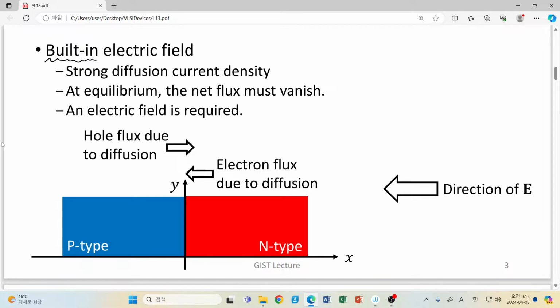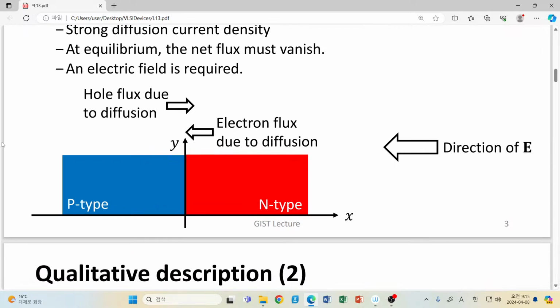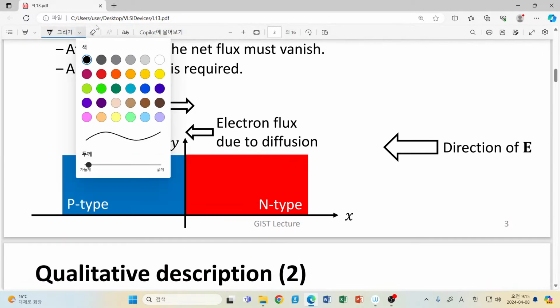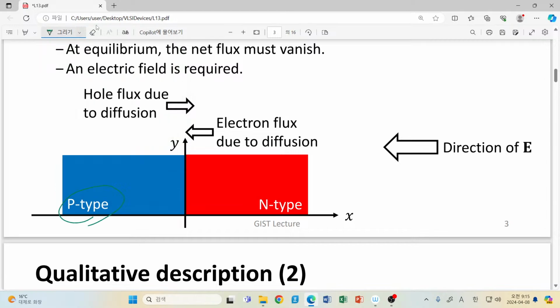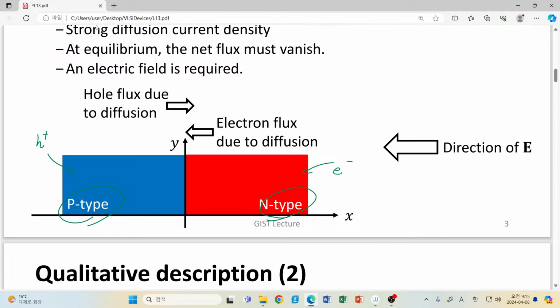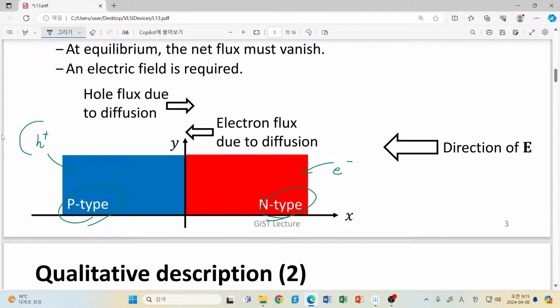Simply speaking, here we have the p-type region, and here we have the n-type region. So we have so many holes here, and so many electrons here. Without any electric field, these many holes will try to diffuse over the junction and move into this n-type region, because how many holes are there?